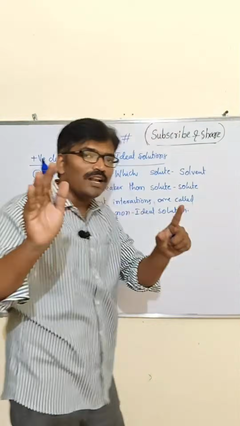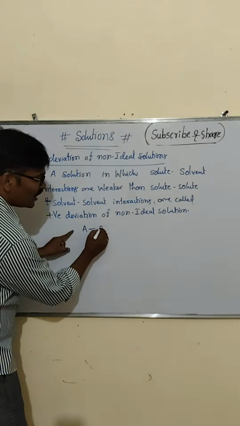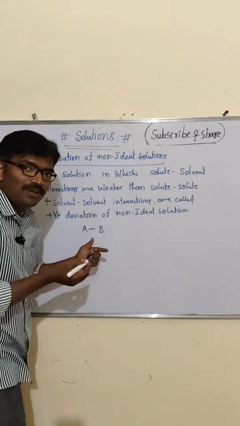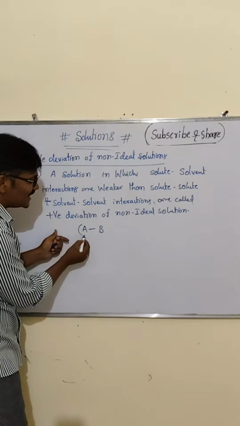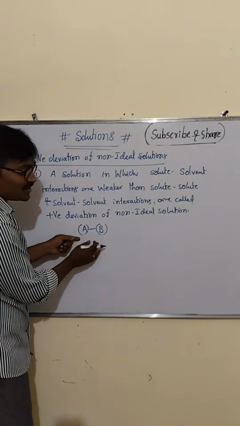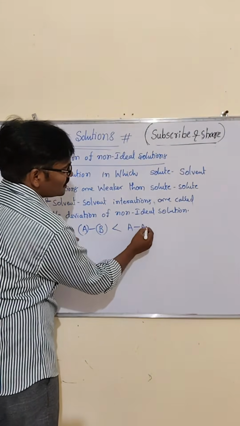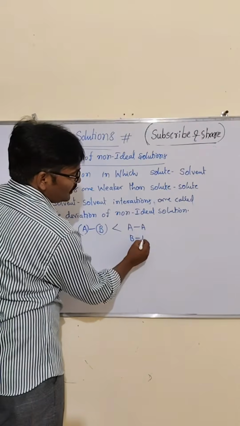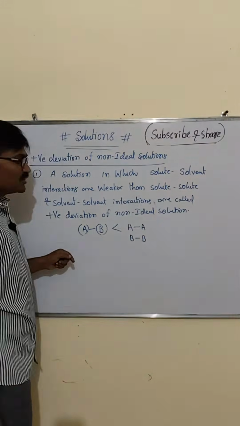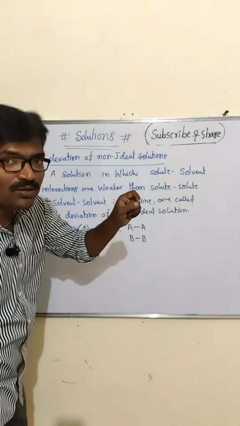Understand what I am telling you? Say A is a solvent and B is a solute. The A-B interactions are weaker than the A-A or B-B interactions. Such solutions we call a positive deviation of non-ideal solutions.